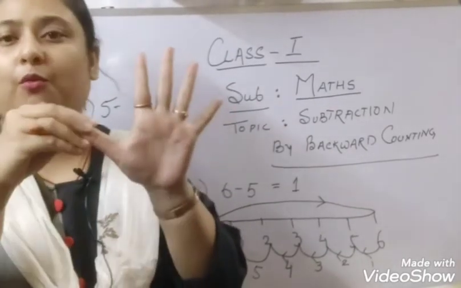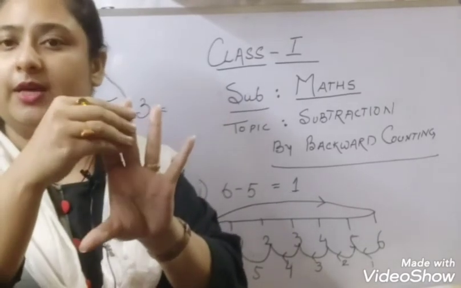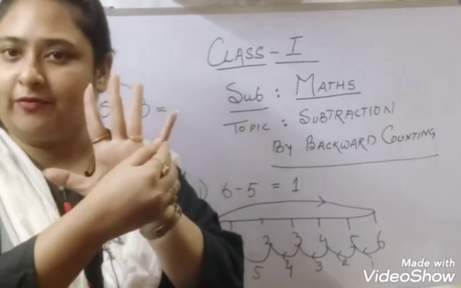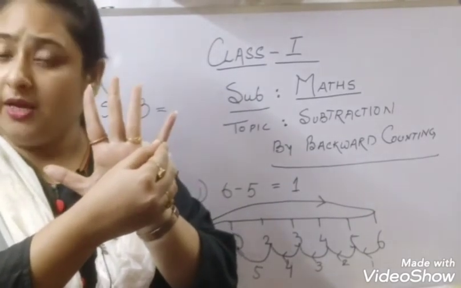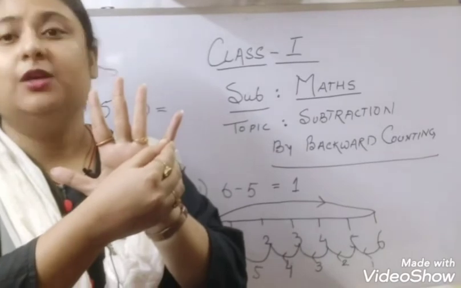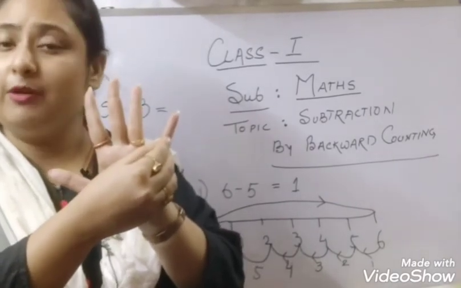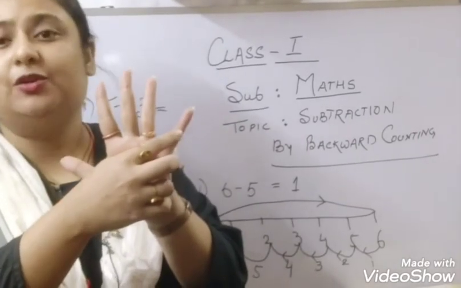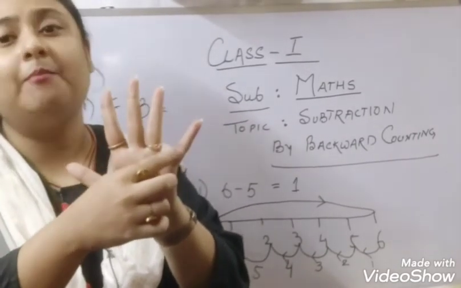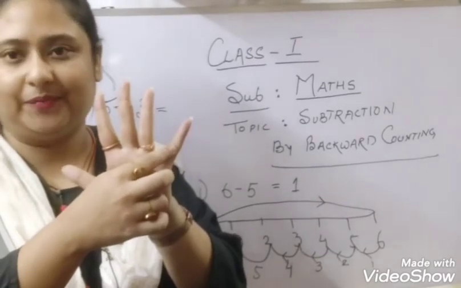What we will do, children? We will do a subtraction of 3 counting from backward. So what we will start from? We will be starting from number 5 now. So our number 5 will be number 1 while subtracting.